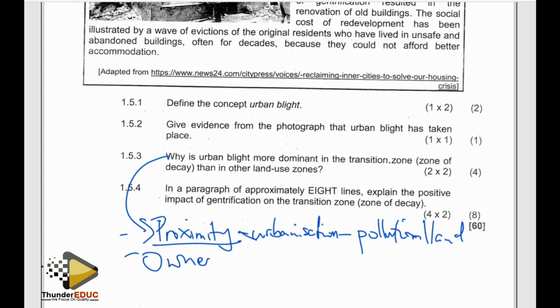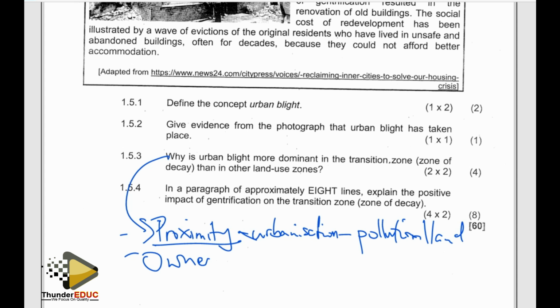They just keep the buildings for the sake of keeping them, hoping that in future there is going to be that change process whereby the land value is going to benefit them when more commercial activities are now invading the zone of transition. So it's also a perception of speculation by the owners. They do not maintain the buildings. They do not want to incur extra costs, hoping that in future they are going to reap the benefits of increased land values as the CBD encroaches into the zone of transition.